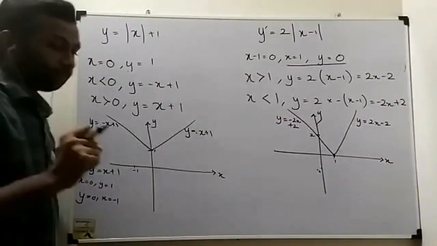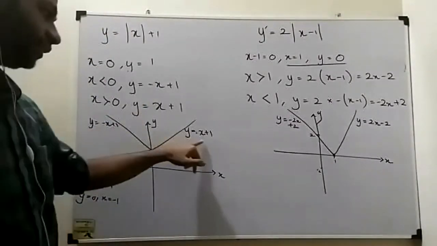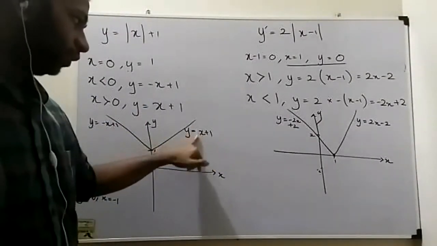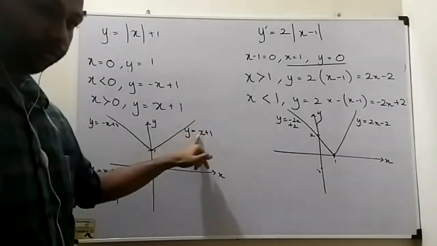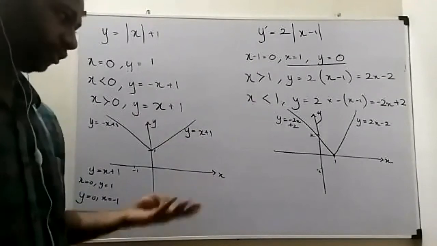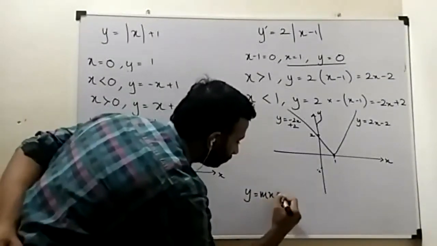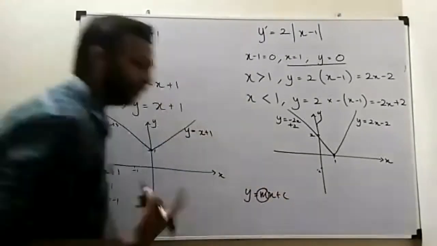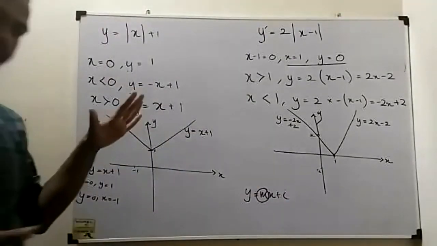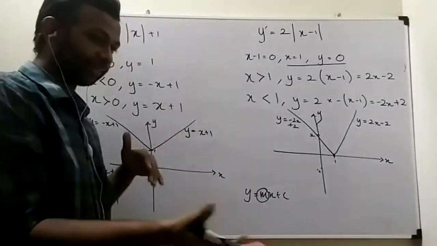Now, the important thing to remember here is this. You have y equals x plus 1. The coefficient of x, that is the value in front of x, gives the slope of the graph. If you remember the y equals mx plus c form, this m value gives the gradient. The gradient is the tan of the angle between the positive x-axis and the graph.